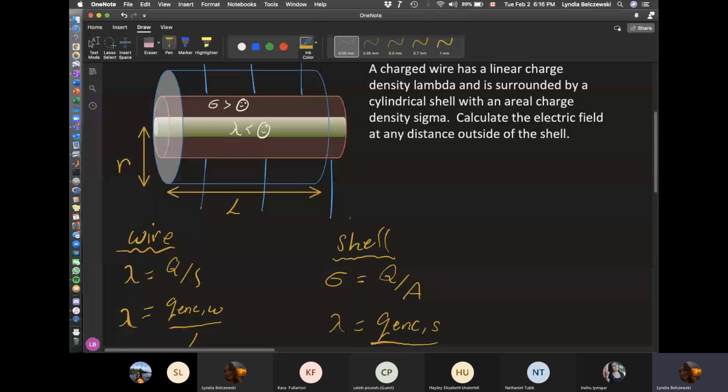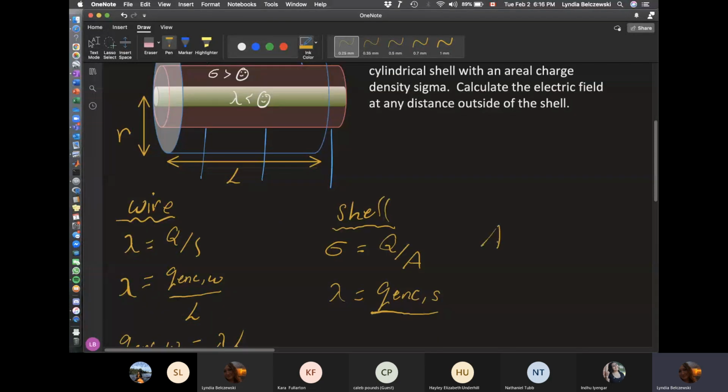So the area of the Gaussian surface that we're considering is going to be the circumference around the cylinder multiplied by the length of the cylinder. That'll give the area that we're looking for. So we'll have the circumference 2 pi r, and that'll get multiplied by L, the length of the cylinder, to give the total area.